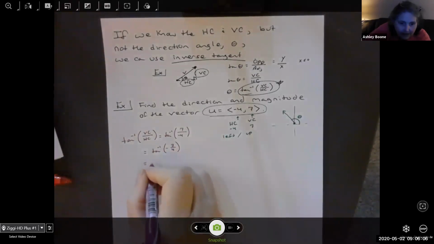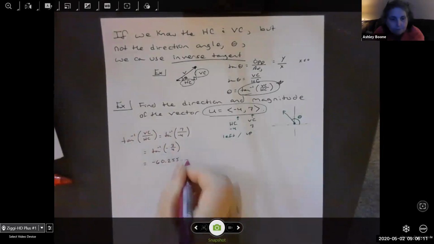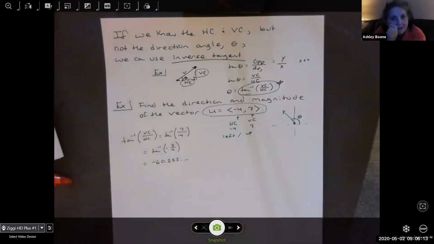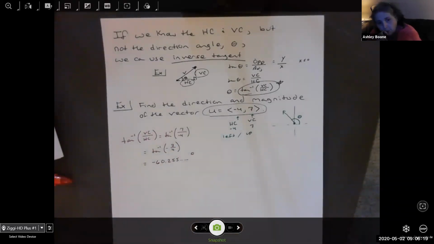So this is -60.255, and it goes on. Remember, inverse trig functions are angles. So this is degrees, -60.2555 degrees. Well, what is that?